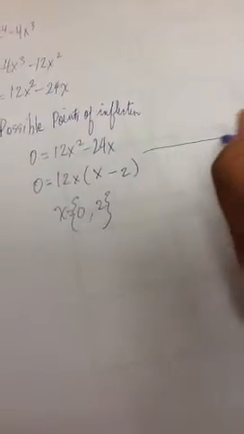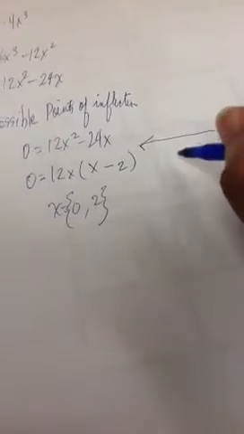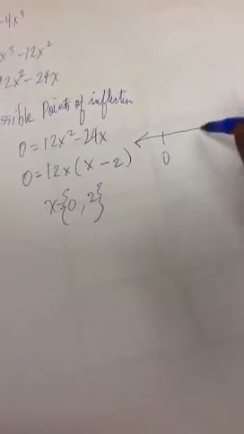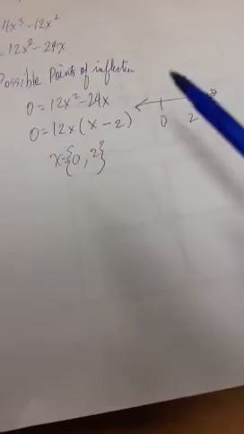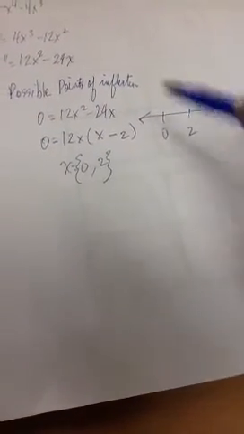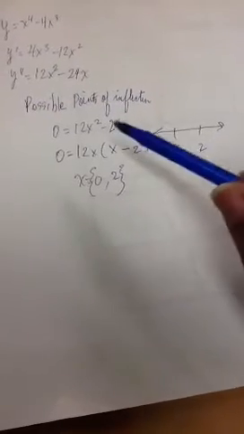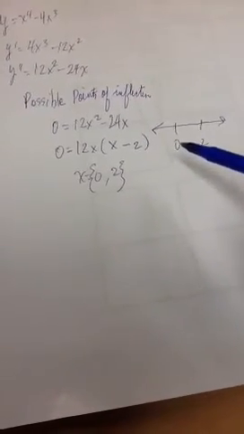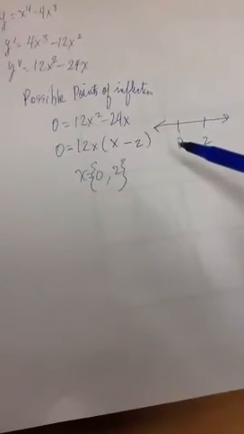So I want to put that on the number line here. So that's 0 and 2. Remember, all I'm trying to do is see if it's going to be positive or negative. For each interval, I'm looking at f double prime. For the first interval, a number less than 0, that's a -1.